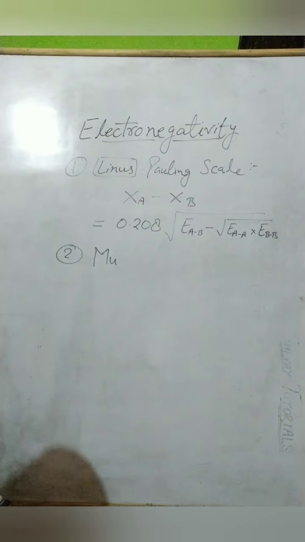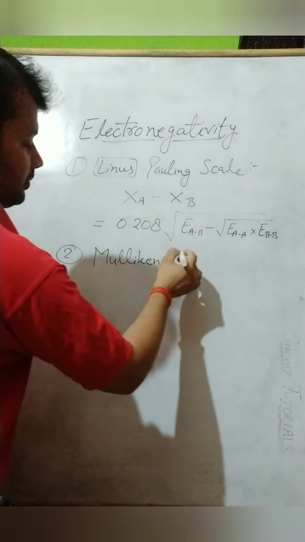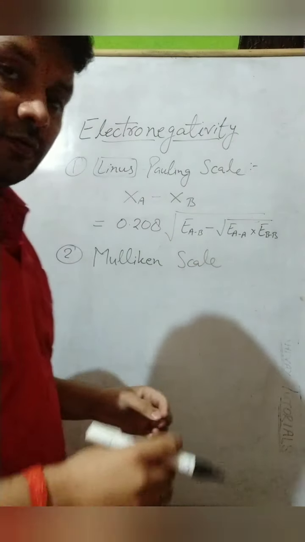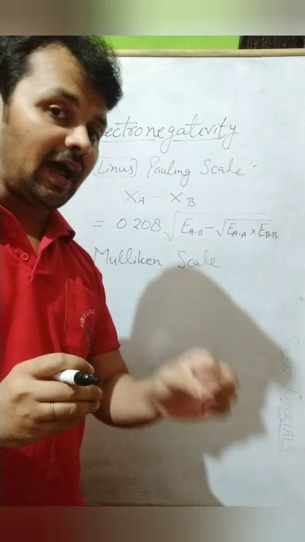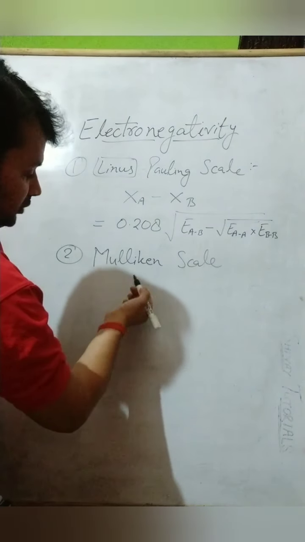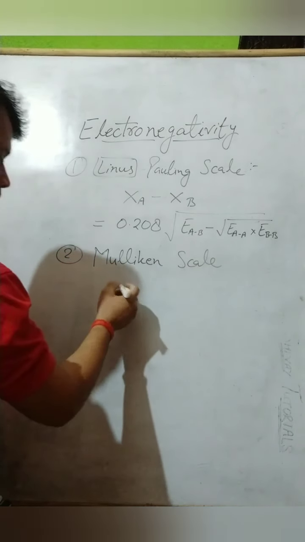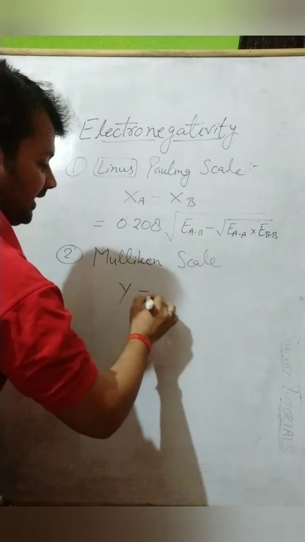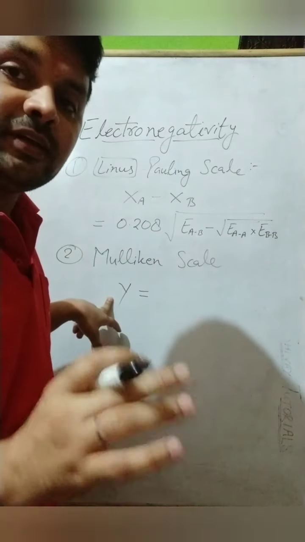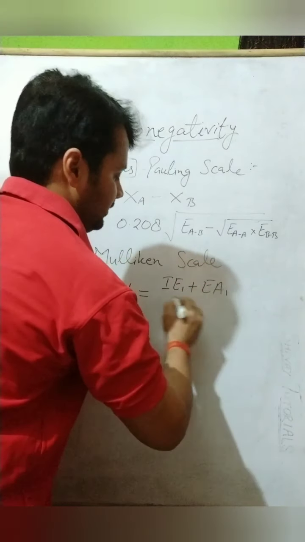According to the Mulliken scale, if we know the first ionization enthalpy and electron gain enthalpy of any atom, say atom Y, then the electronegativity of Y would be the average of its first ionization enthalpy and electron gain enthalpy, that is, IE1 plus EA1 divided by 2.